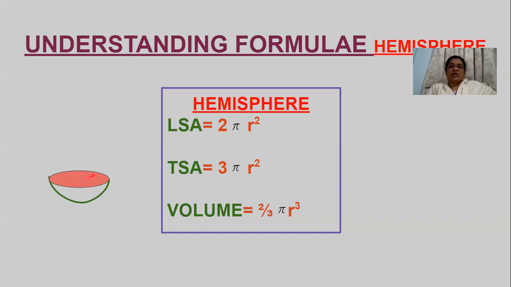This circle area is pi r square. When you add one more pi r square to this, it will become 3 pi r square, and volume will be half of the volume of the sphere. 4/3 pi r cube is the volume of the sphere, and here it is 2/3 pi r cube.